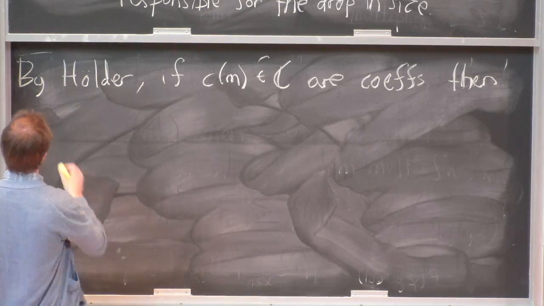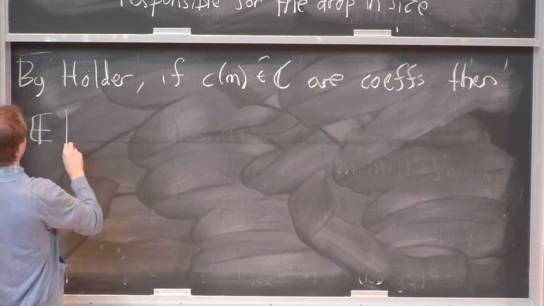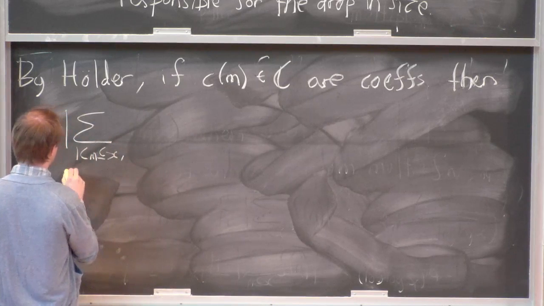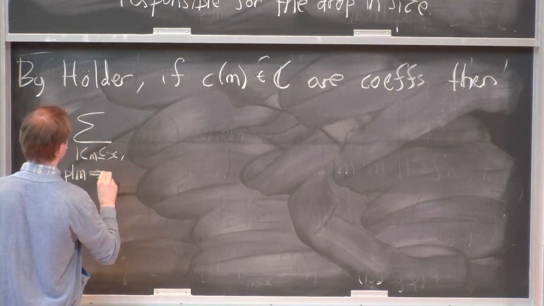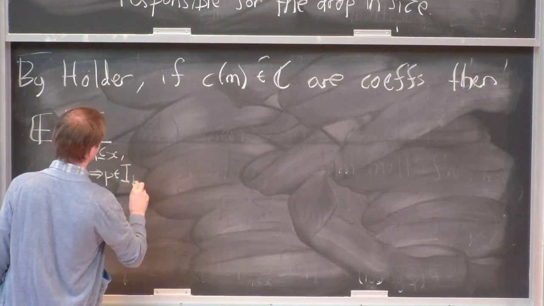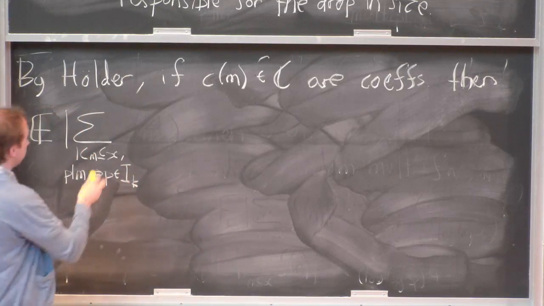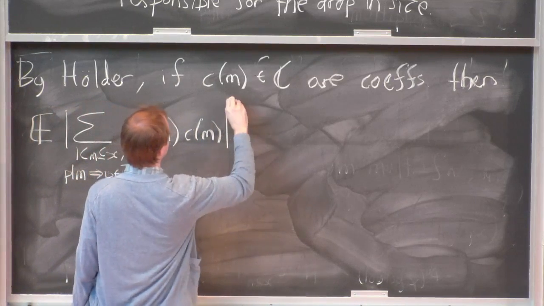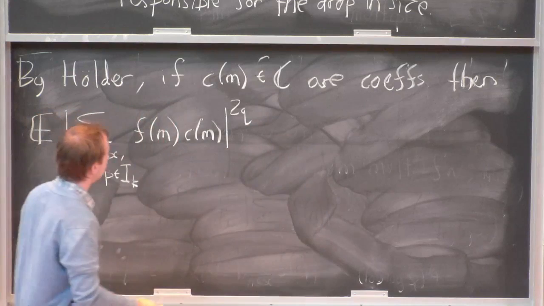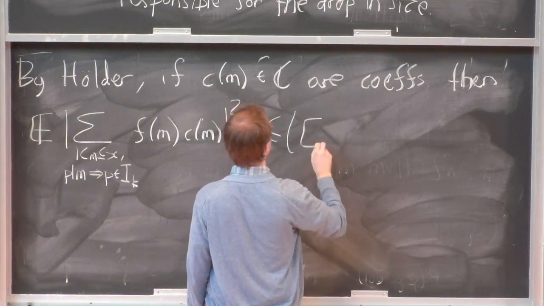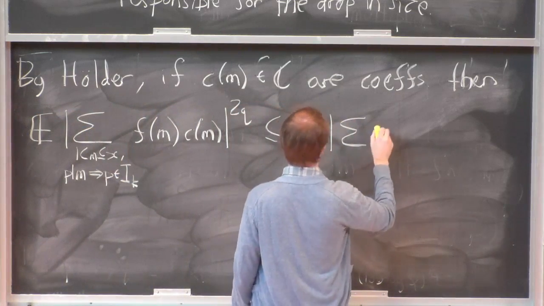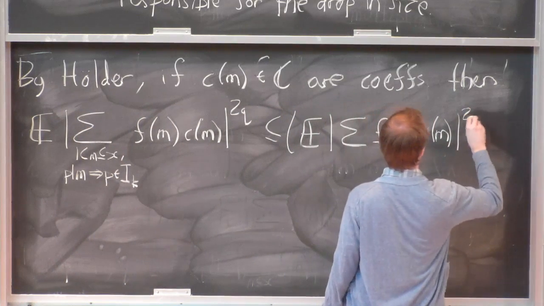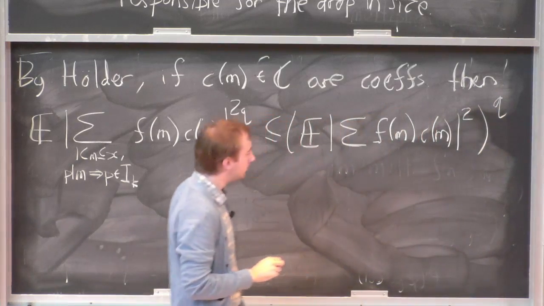So if c_m are just some numbers, and I look at what's the expectation of the sum over m with all of its prime factors in I sub k of f of m c_m to the 2q. Well, by Holder, this is at most the expectation of the square of that sum, all to the power q.